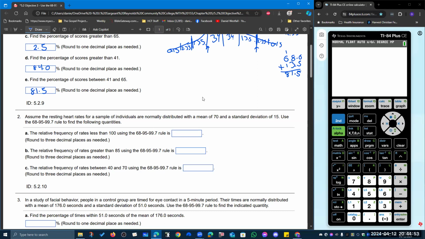Relative frequency of rates less than 100, so less than 2 standard deviations, should be 95 plus 2.5, which is going to be 97.5.